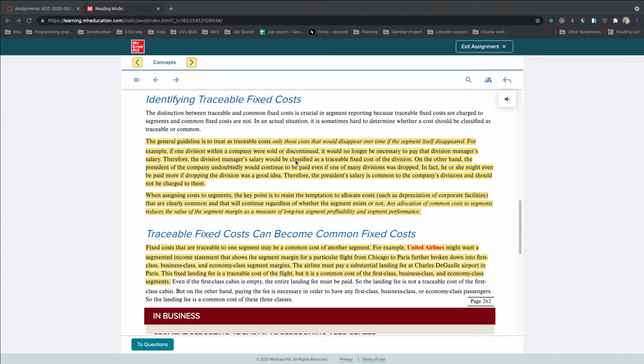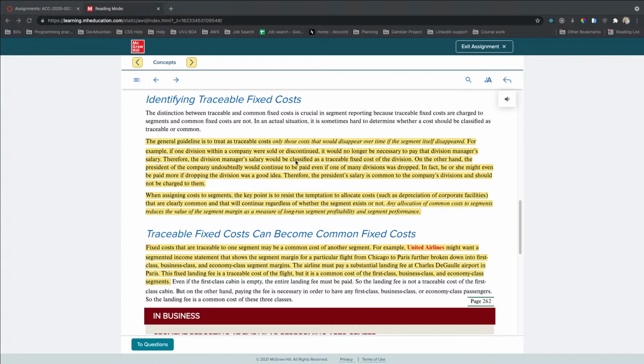On the other hand, the president of the company undoubtedly would continue to be paid even if one of many divisions was dropped. In fact, he or she might even be paid more if dropping the division was a good idea. Therefore, the president's salary is common to the company's divisions and should not be charged to them.